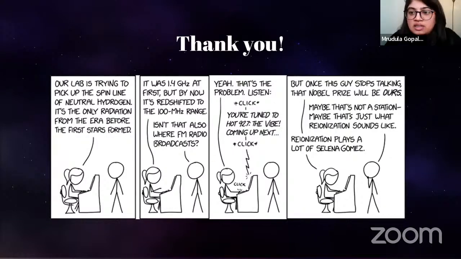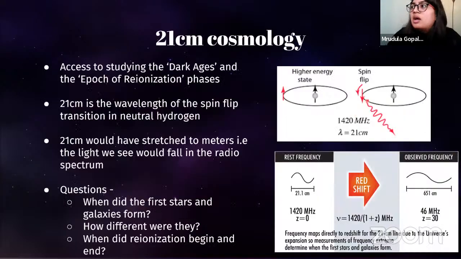Yeah, of course. Okay, so we're interested in the dark ages, that phase of the universe. And during the dark ages, we had a lot of neutral hydrogen. And like I said, when you have neutral atoms, you don't have any emission, so you can't see during that era.